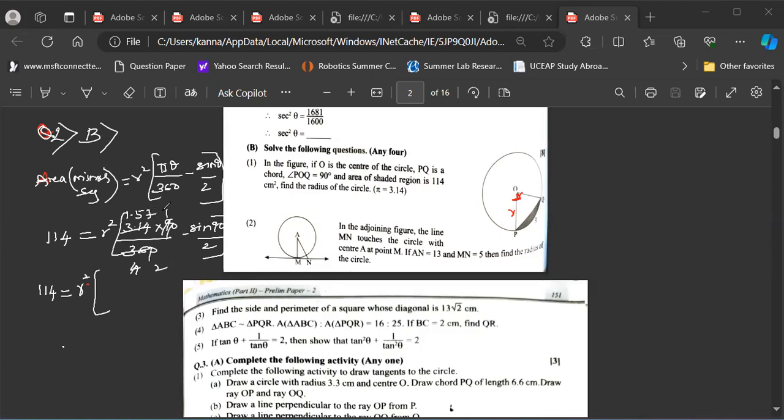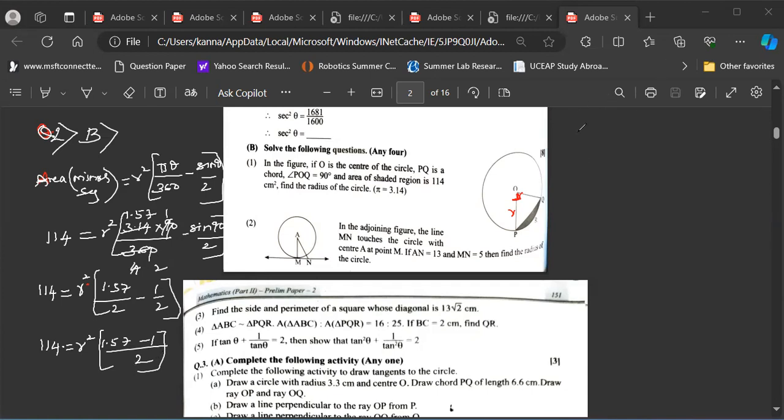So r square into 1.57, the whole thing upon 2 minus 1 upon 2, because sine 90 is 1. So here 114 is equal to r square, and when the denominator is same, LCM is same, so it will become 1.57 minus 1, the whole thing upon 2.